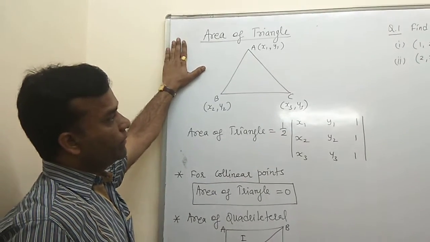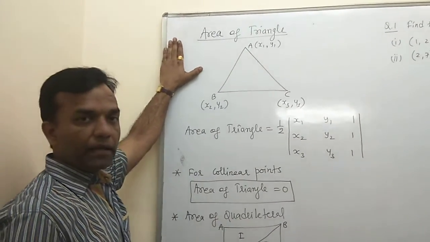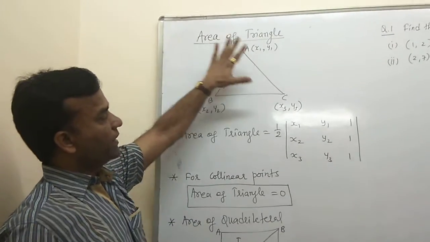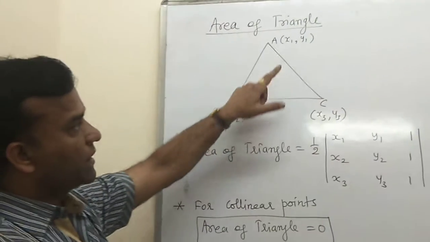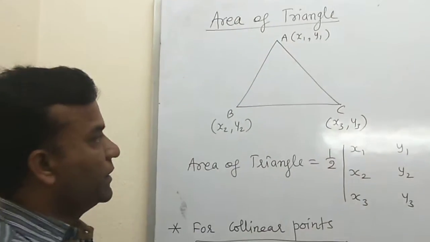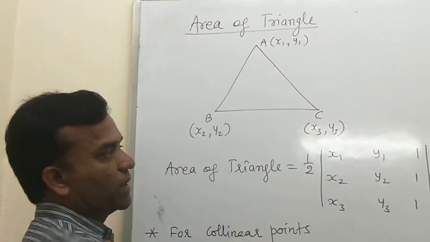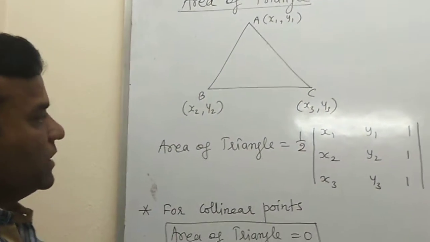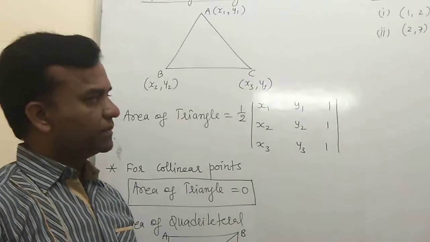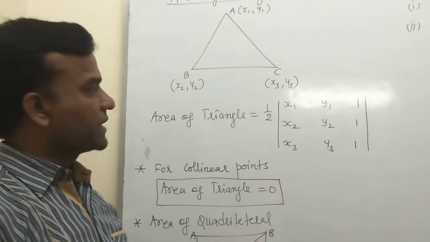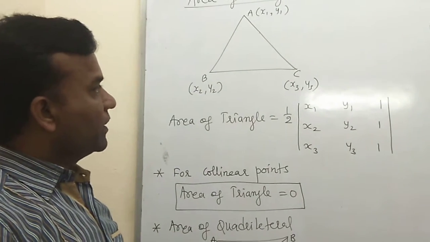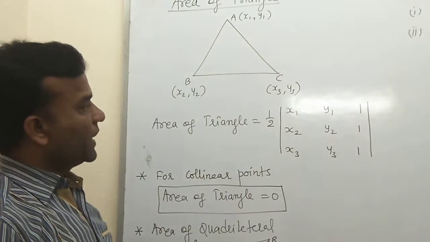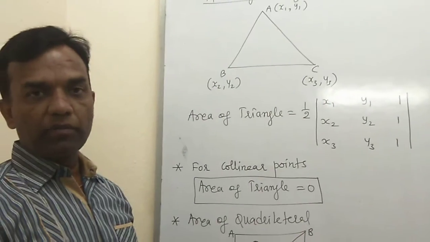Now we have the next topic, area of triangle. In area of triangle, we know that first you draw the triangle in which 3 vertices are here: the first vertex is (x1, y1), the second is (x2, y2), and the third is (x3, y3). And then use the formula; you also used a formula for this triangle in 10th class and in 11th class. But in 12th class you apply this formula with the help of determinant.